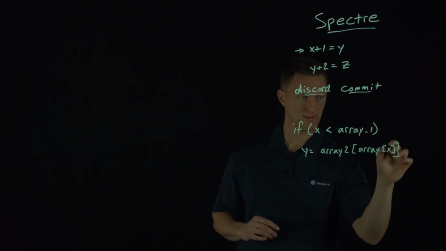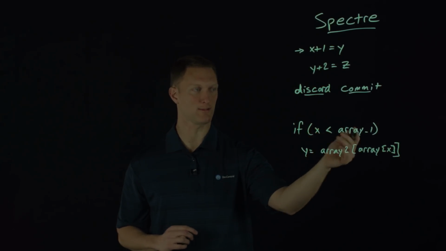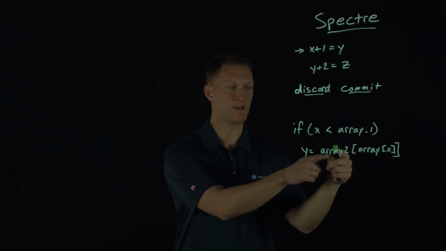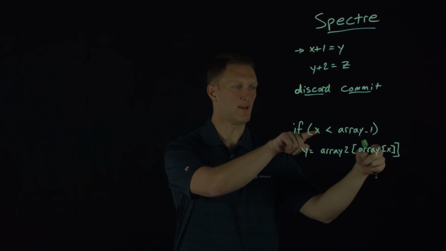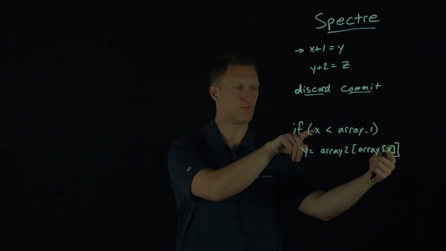All right, like that. Basically, what's happening here is if you have an x value that is less than the value of this array1, then you're going to set a value for y in another array. With all this nested stuff, basically the value for x is ultimately going to be put into this other array.